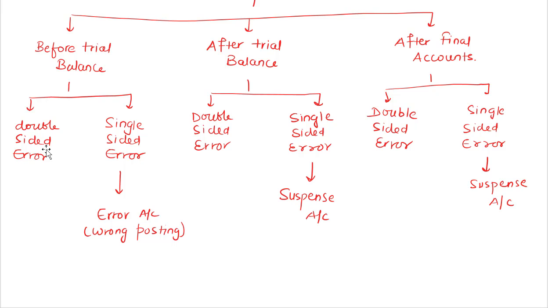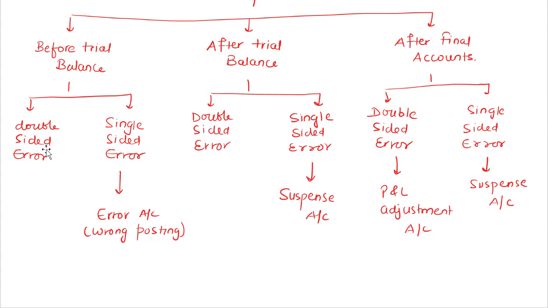But students, we should understand one thing, that in case of double-sided error after finalization of final accounts, we need to transfer it to profit and loss adjustment account. We'll understand in detail when we do the illustrative questions and practice questions of this chapter. So just understand, before trial balance in double-sided error there is no issue.